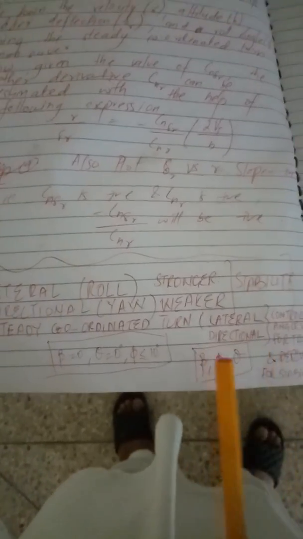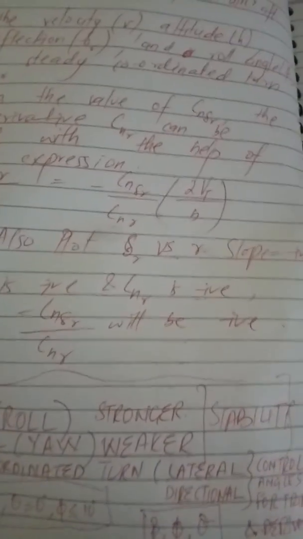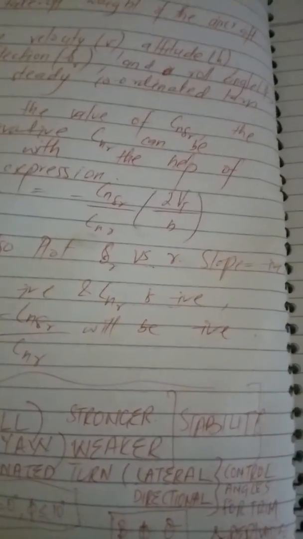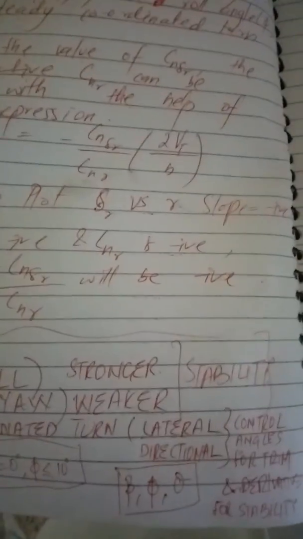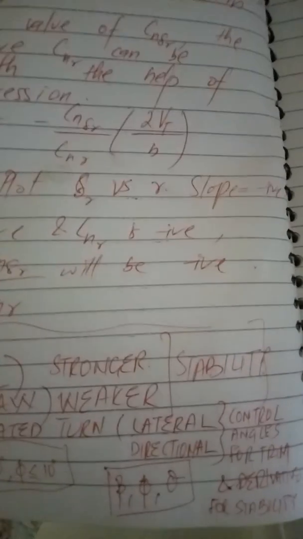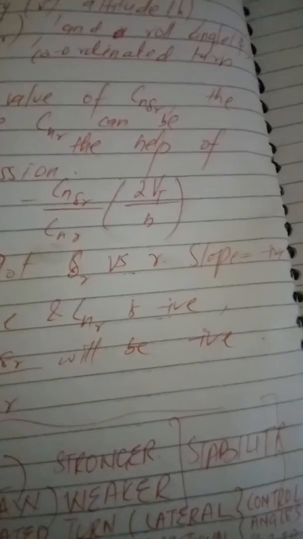With the help of these control angles and derivatives, taking lateral and directional stability into consideration in terms of control angles for trim, not in terms of the yawing moment or the roll moment, but in terms of beta, alpha, theta, we can assume that the turn was steady, the turn was coordinated, and there was no slip.